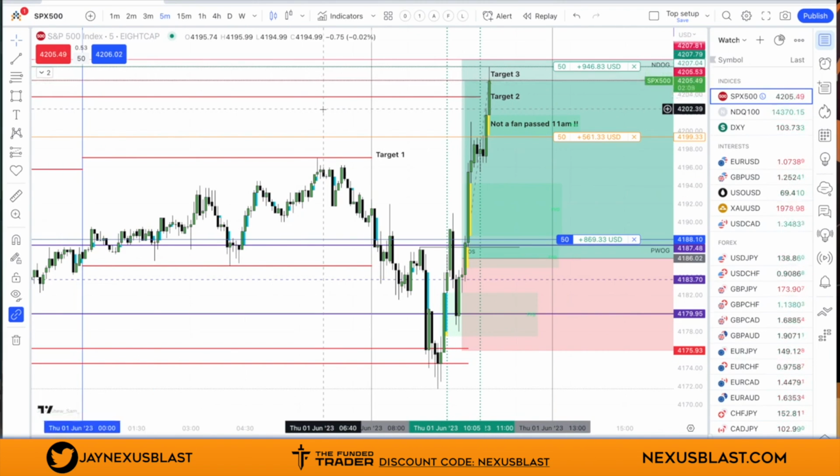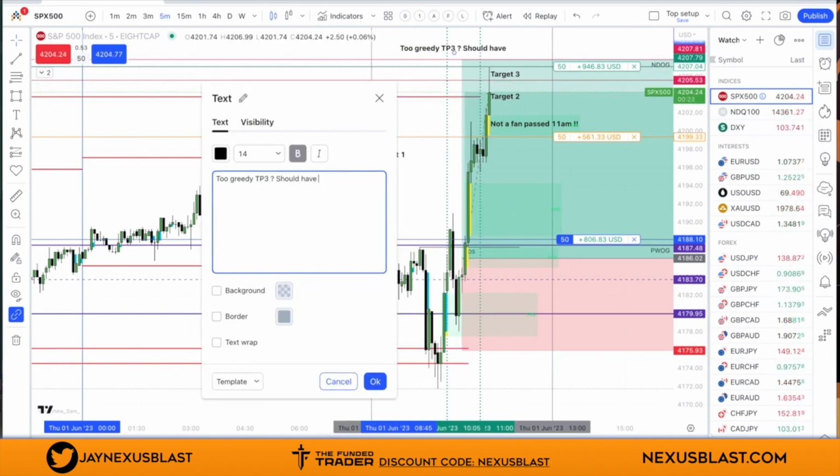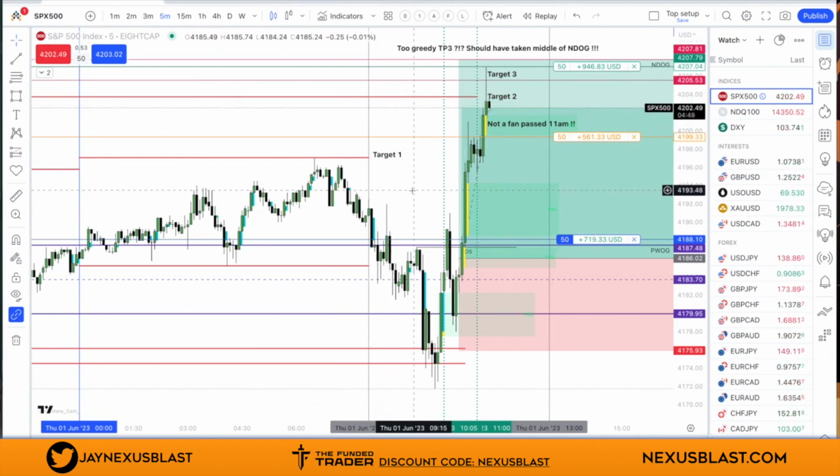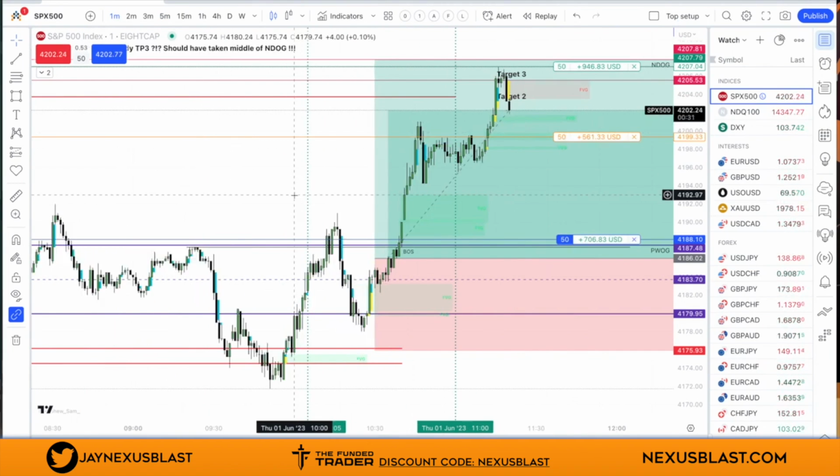And see how I moved that third TP. I had it initially at the top of that green zone, and this was taking long, and this was the middle of the new day opening gap, and I was thinking to myself, maybe that was the final push.